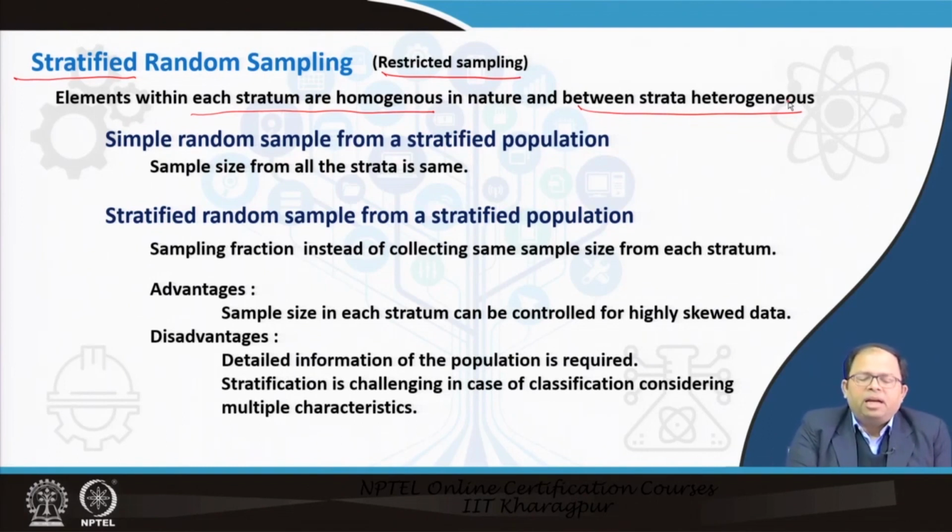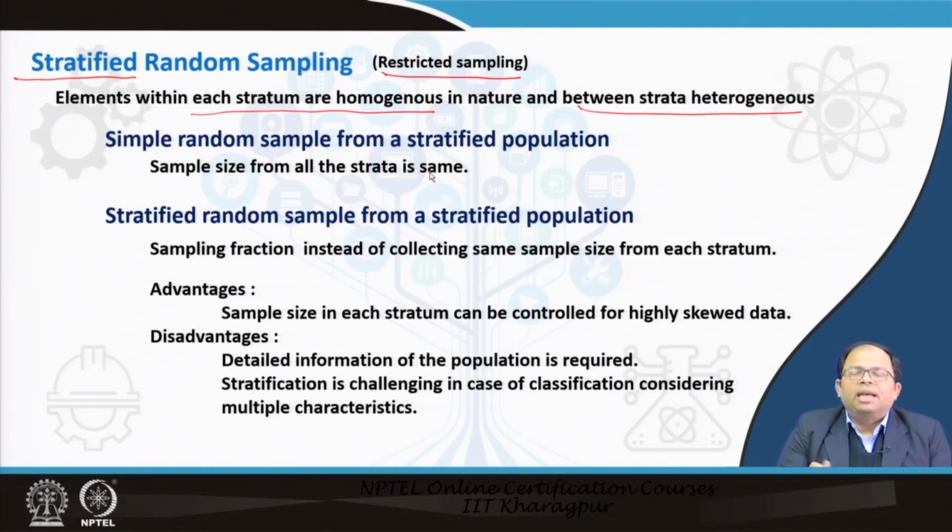So a simple random sample from a stratified population means I stratify the population into a certain number of groups, maybe 2 groups in this example, and then we have the same sample size for each stratum, and we collect that number of samples from each stratum. For example, from the first stratum we have 3, and from the next stratum we also have 3.